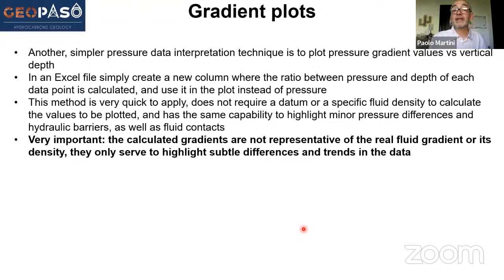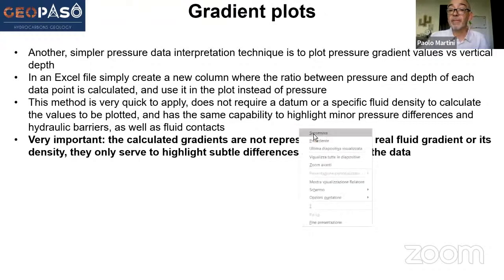It does not require a datum or a specific fluid to be calculated, and has the same capability to highlight pressure differences, barriers and fluid contacts. Mind that the calculated gradient has no physical meaning. It's not representative of the real fluid gradient, and I will show you how it should be treated.